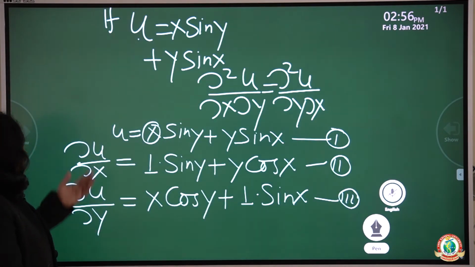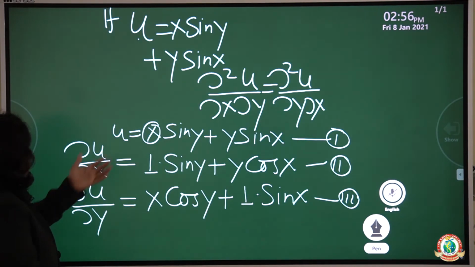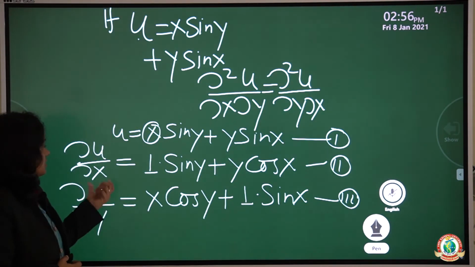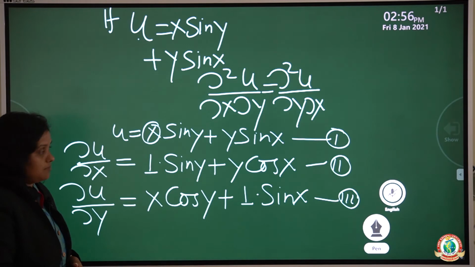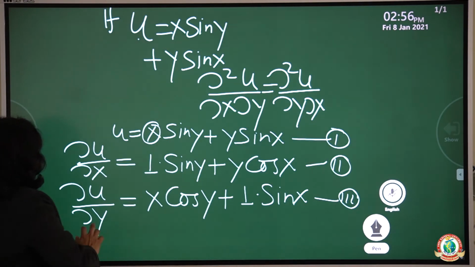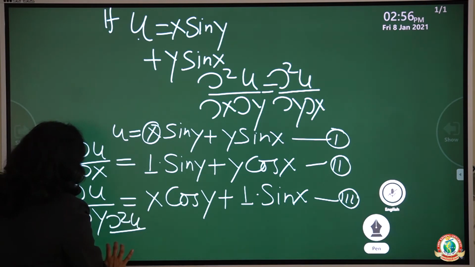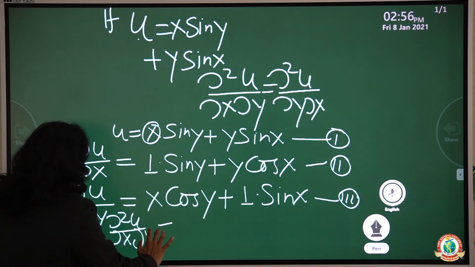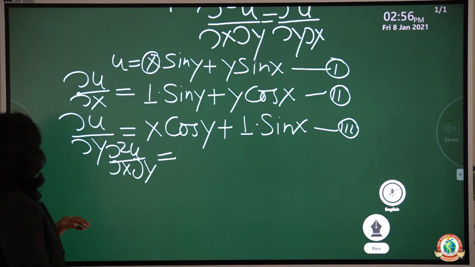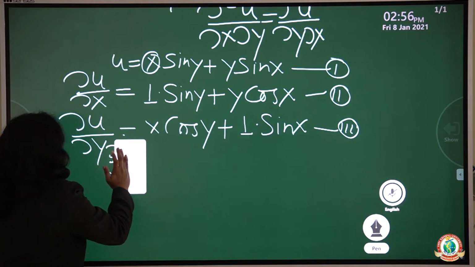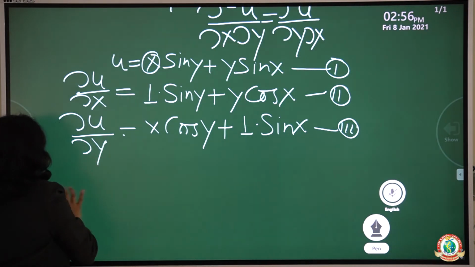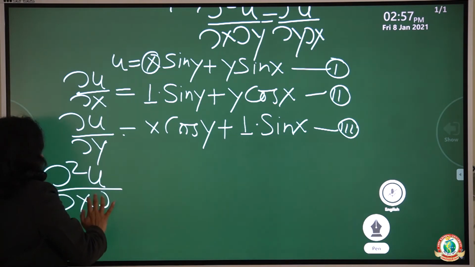Now according to the question, we differentiate these equations a second time, meaning the second derivative. So del 2u by del x del y.